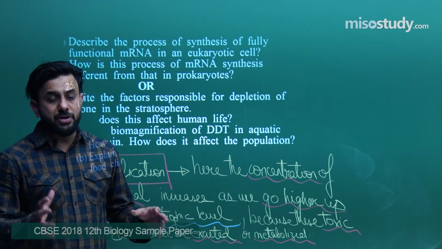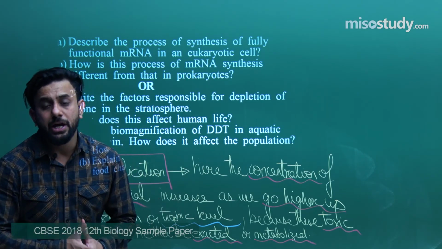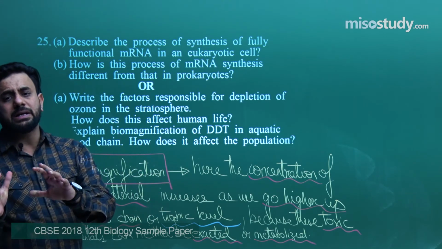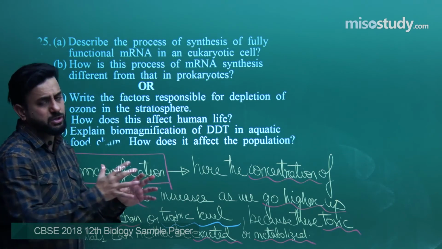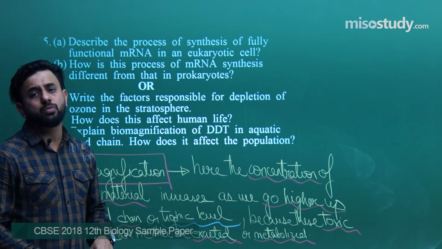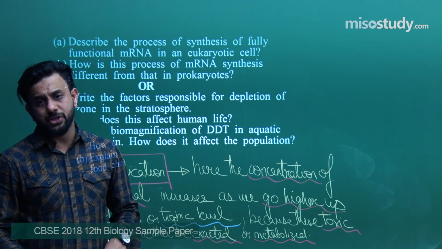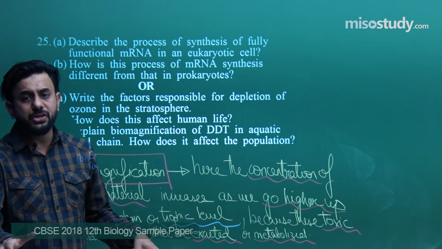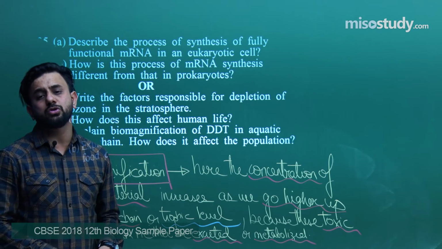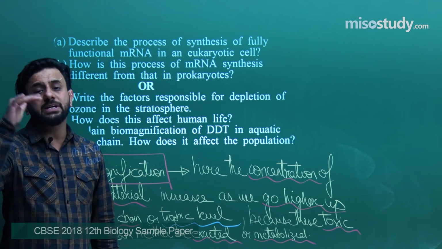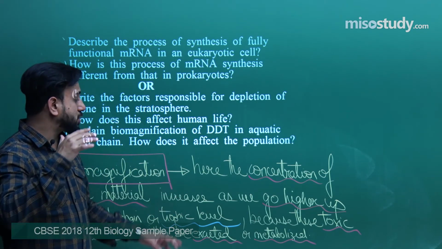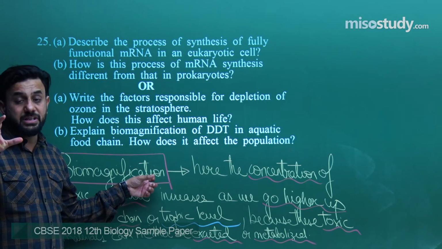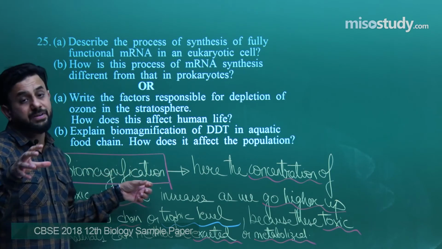Now a big fish comes and eats many zooplankton, so the bodies of all these zooplankton having 0.2 of DDT all get inside one fish. A bigger fish eats many smaller fishes, and all this DDT gets again into the bigger fish. So as we go up the higher trophic level, the concentration of DDT or this toxic substance is increasing, and this is biomagnification.